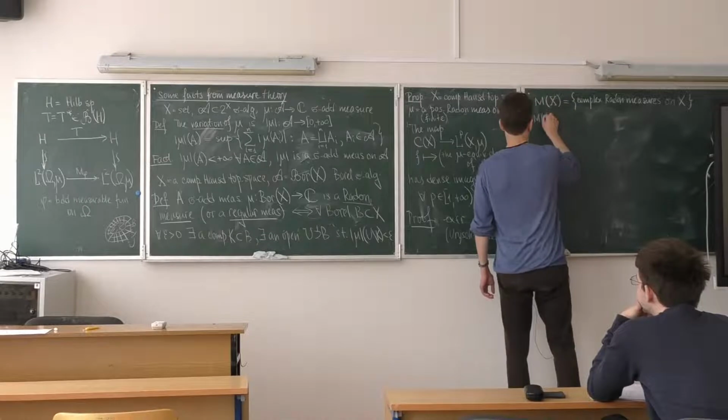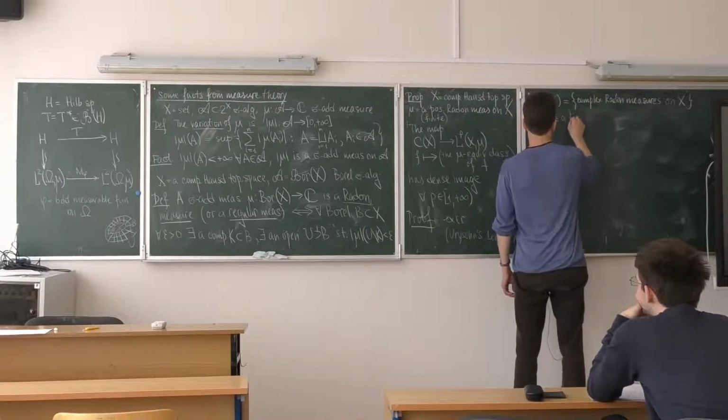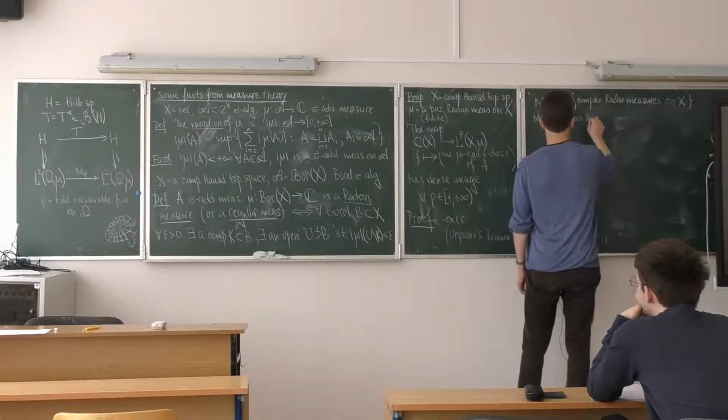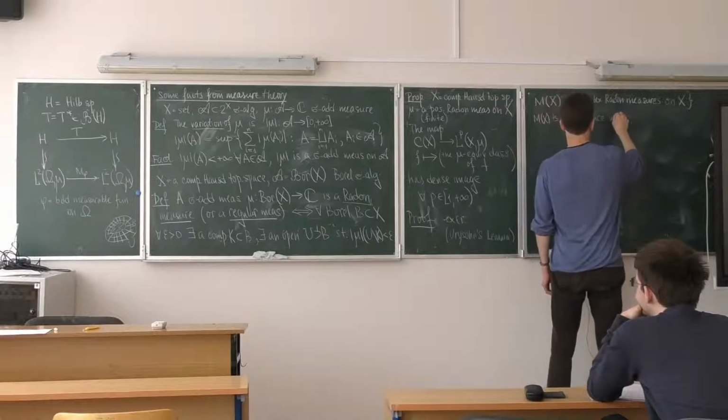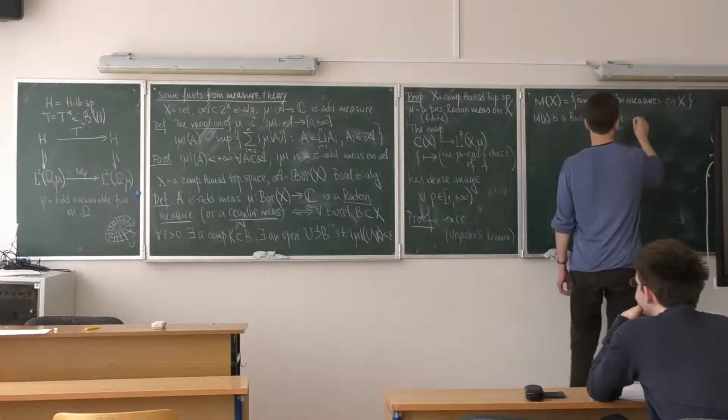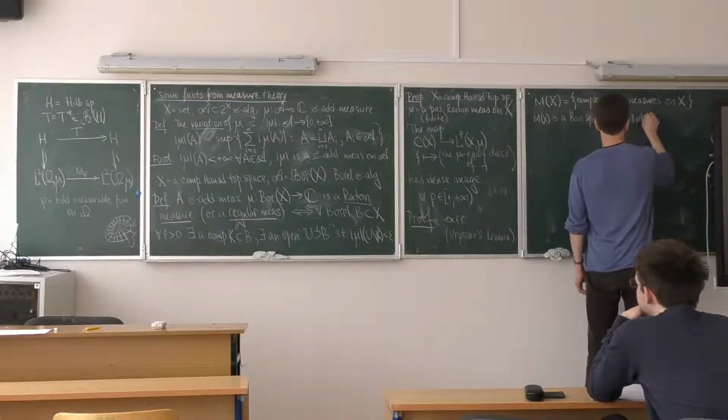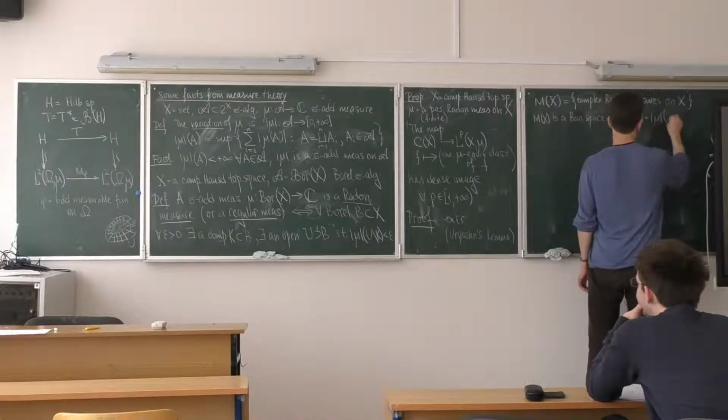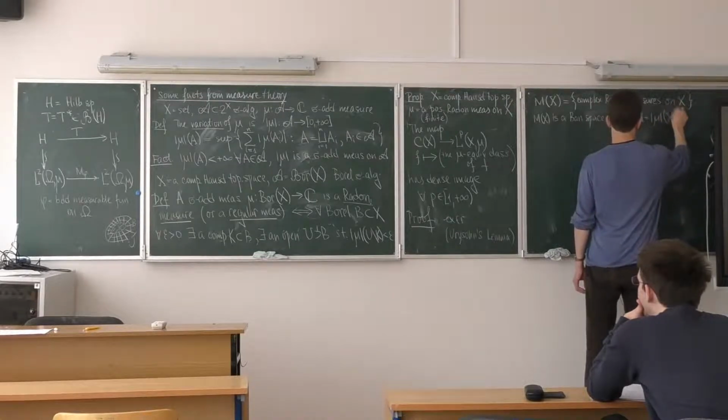M of X is a Banach space with respect to the following norm. The norm of a measure is the variation of mu applied to X.